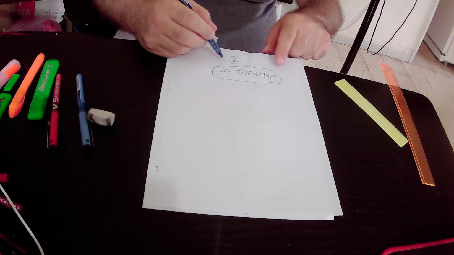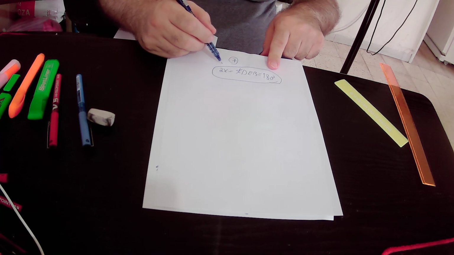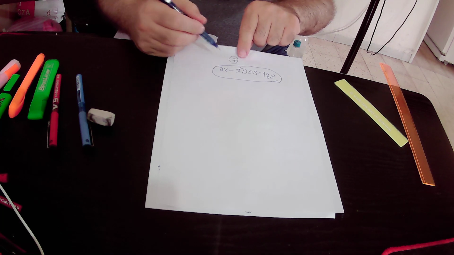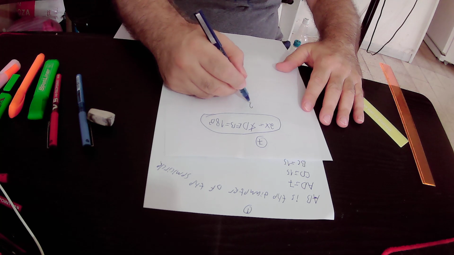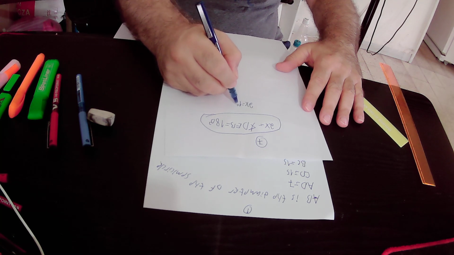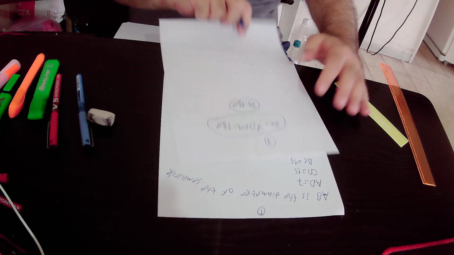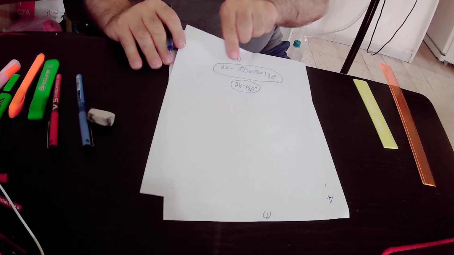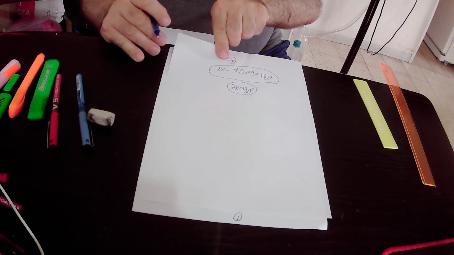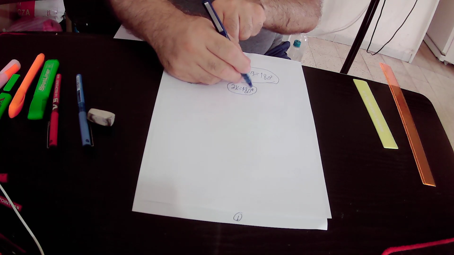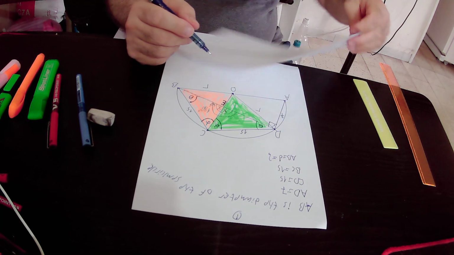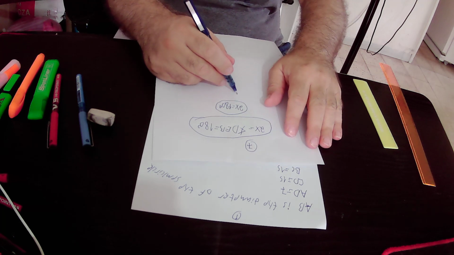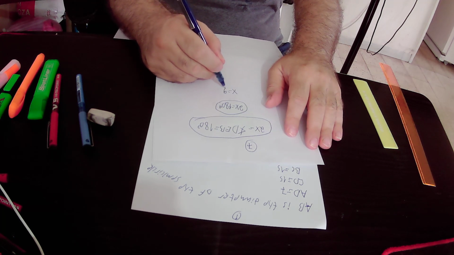From this equality, we can conclude that 2x equals 180 degrees, and if we divide this equality by 2, we get that x equals 90 degrees in its size.